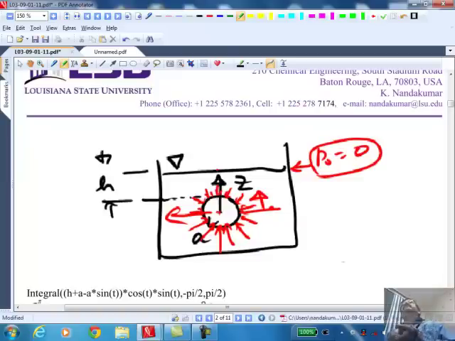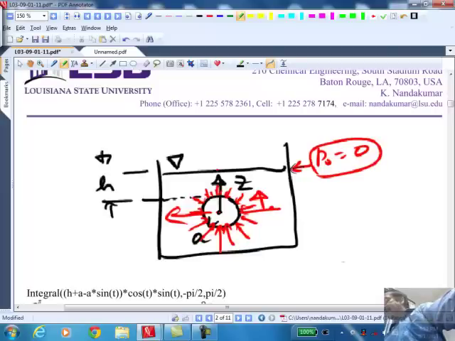Set up a coordinate system, a reference frame. Here I'm going to start measuring from the center of the sphere. Z is measured vertically up from the center of the sphere, and from the top of the sphere, the fluid level is H. So I know the head, and the pressure at the free surface I'm going to call P0, the reference pressure at that point.